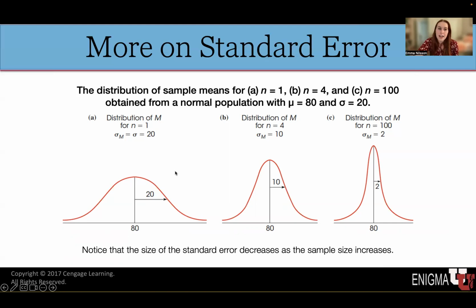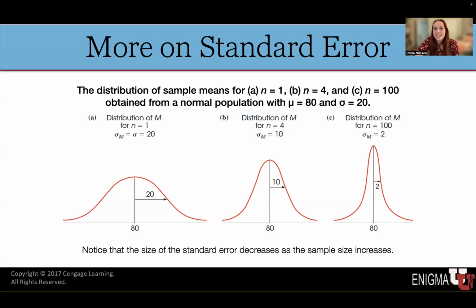This first one has a sample size of 1, so we just have one sample mean represented here. This one has 4 samples, and this one has 100 samples. So as we see, as the sample size increases, our standard error is going to decrease exponentially. With 1, this standard error is 20, which is the same as the standard deviation, which is actually not a good thing. We don't really care about that.